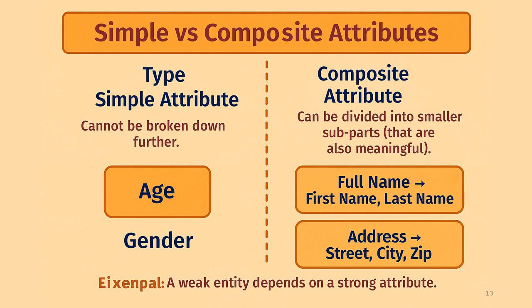And a composite attribute can be divided into smaller subparts that are also meaningful, like full name can contain first name and last name. The address we can divide into subparts like street, city, zip code, etc.